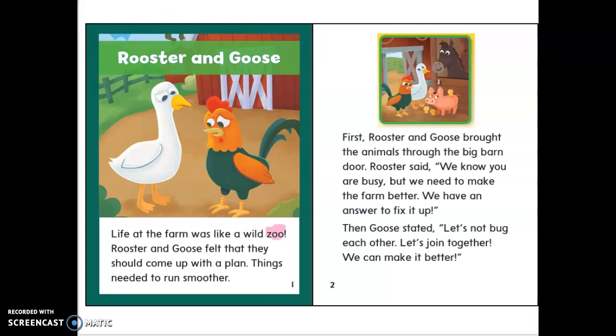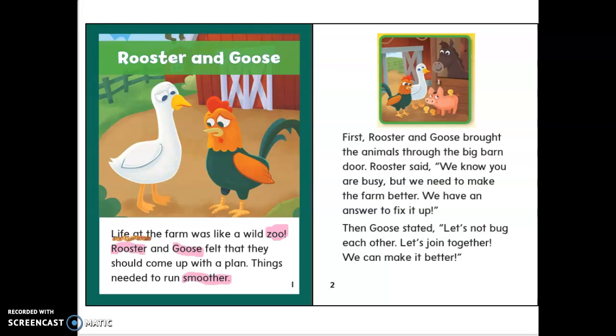Alright, we are going to read this story called Rooster and Goose. So, we have the word zoo, which has our spoon card in it. We also have rooster, and then we have goose, and then we have smoother. All of those words have our ooh sound in them. Read this page along with me. Ready? Read.